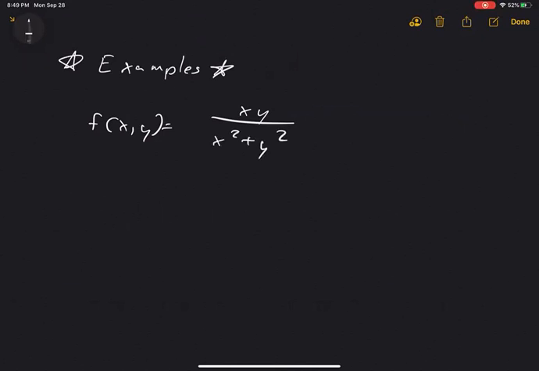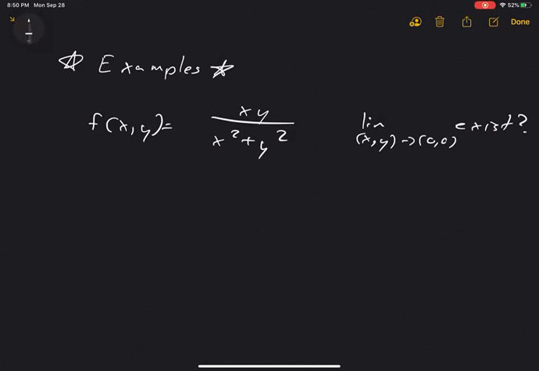Let's say f of x y equals x y over x squared plus y squared, and we want to know, does the limit as x y approaches 0, 0 exist? Does that limit exist?